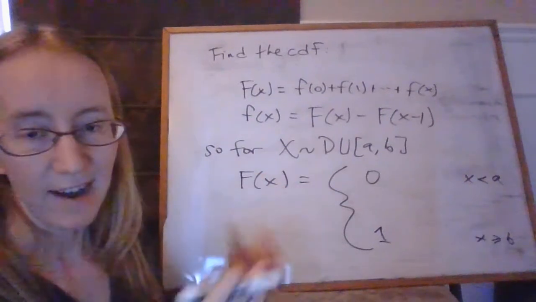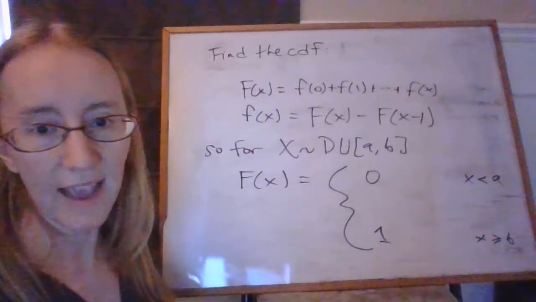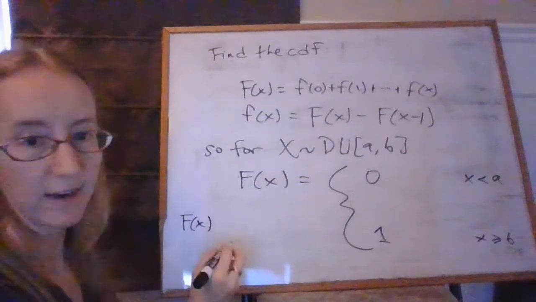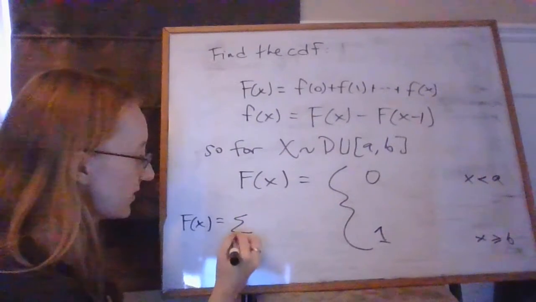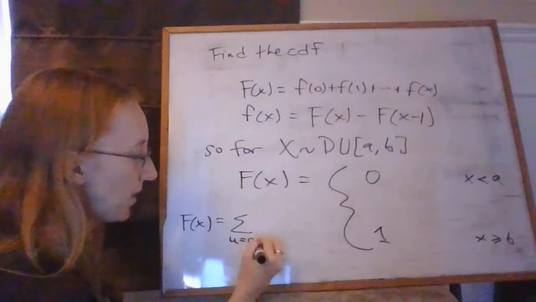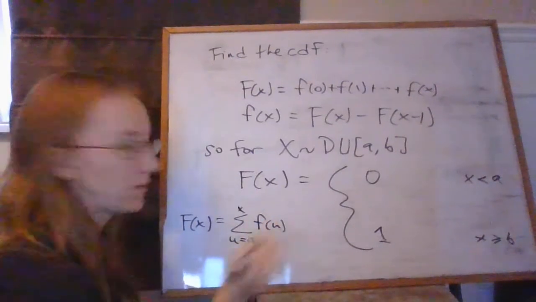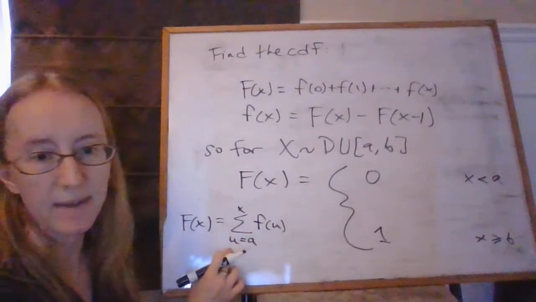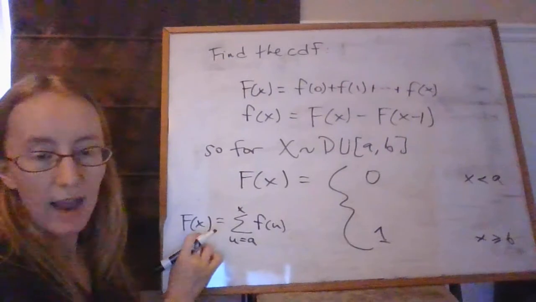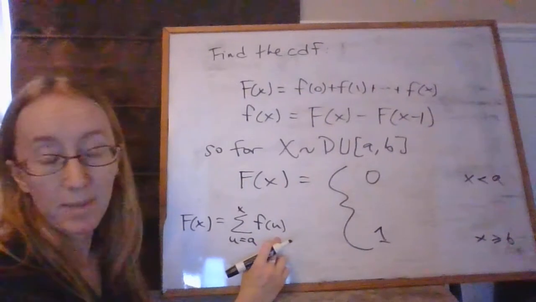We had our probability function as being the constant 1 over b minus a plus 1. And so what we want is big F of x. It's going to be the sum, using a dummy variable, let's call it u, going from the lowest possible value a up to x of little f of u. We sum up all of the values from the smallest one up to and including x. Well, each one of these is just 1 over b minus a plus 1.